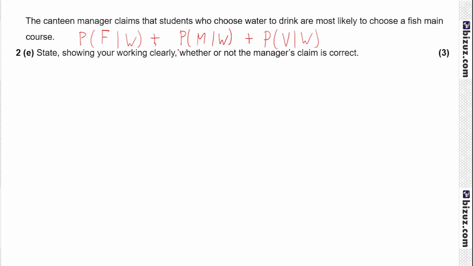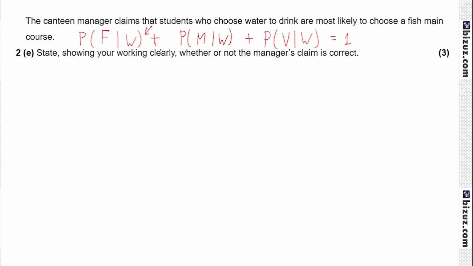The total probability in this situation has to be equal to 1. So these are all the possible scenarios, and their sum has to be equal to 1. And what the manager claims is that the probability of choosing fish, given that the student has chosen water, is the largest among these three.